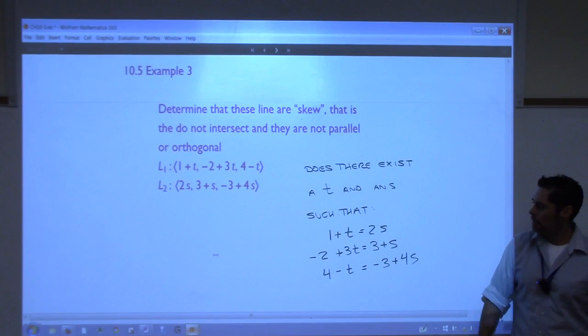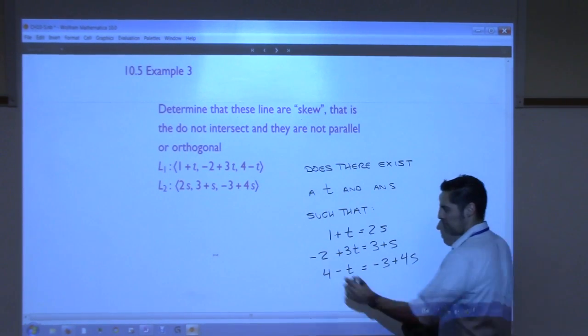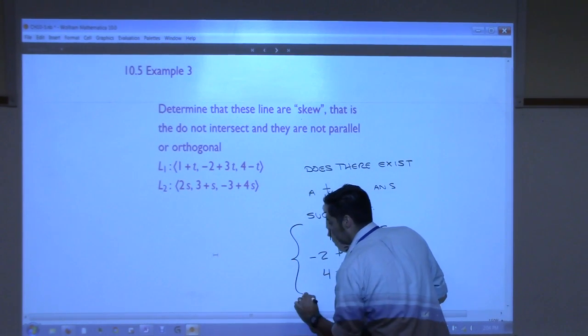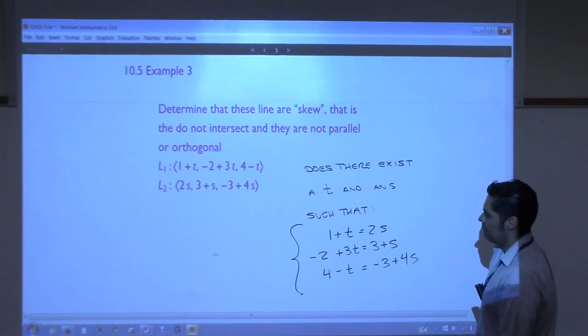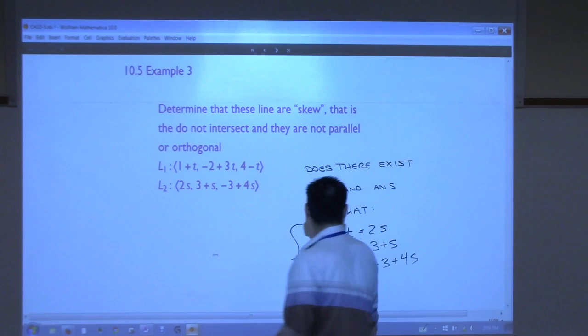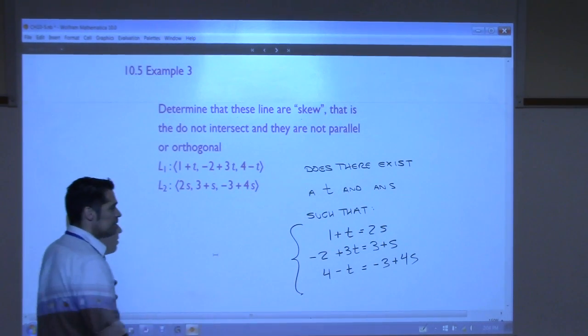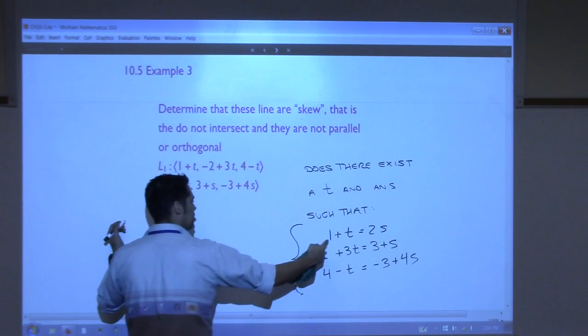What does this look like to you? A system of linear equations. You actually have 3 equations and 2 unknown variables, yes? There are various ways to solve this. What I'm going to do is move all my variables to one side and leave constants on the other side. So let's take a look at that first one.